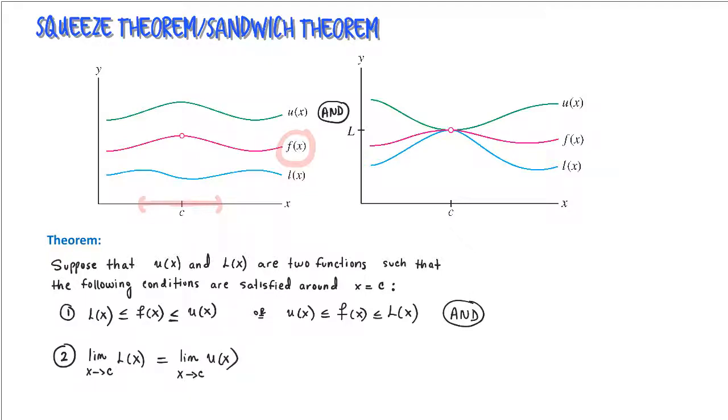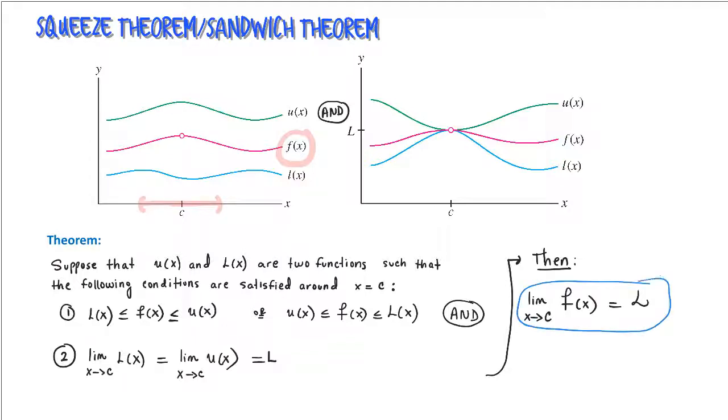They have to be equal. Let's say that this limit is equal to L. And that's because right here on the graph, it is showing big L as the value of the limit. So if this is the case, then this is the conclusion. Then the limit as x approaches c of f of x will also be equal to L. And this is the beautiful conclusion that will allow us to find the limit of the function.